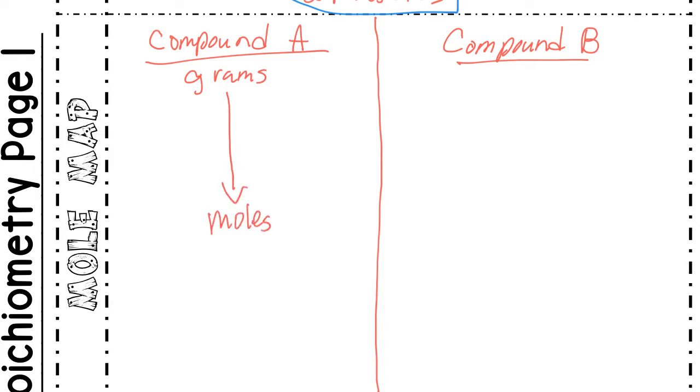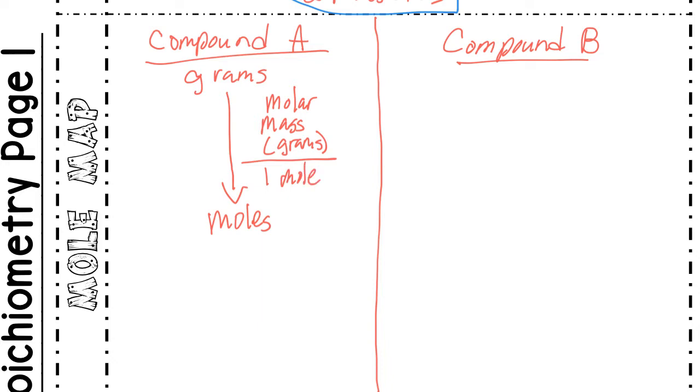To do that, we needed a conversion factor where we found what the molar mass was, and that was in the unit of grams, and we had that over 1 mole.